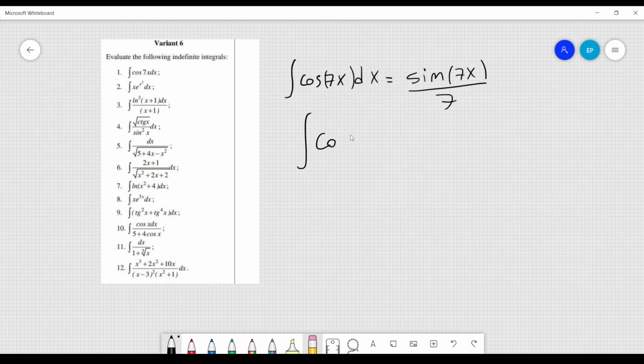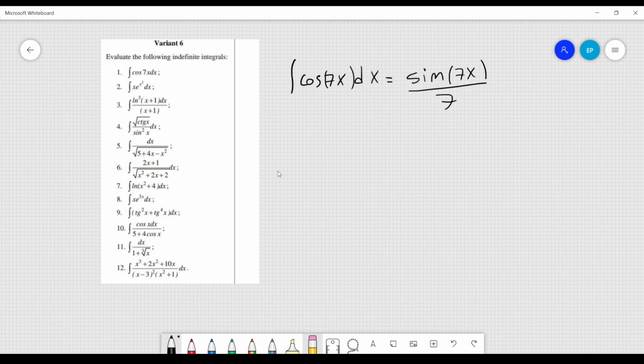You can rewrite the integral as the integral of the cosine of 7x, and then you put the differential of 7x, and of course you have to divide the entire integral by 7. Then we have 7x here and 7x here, so it's like the integral of the cosine of x dx, and the integral of the cosine is the sine of the argument 7x. So this is the solution. Let's not waste too much time on this because this is the easiest one.